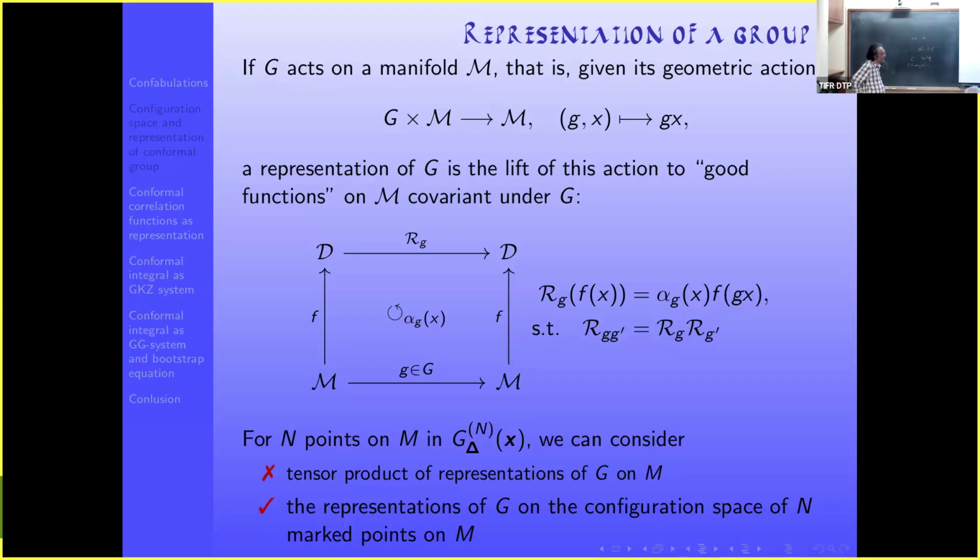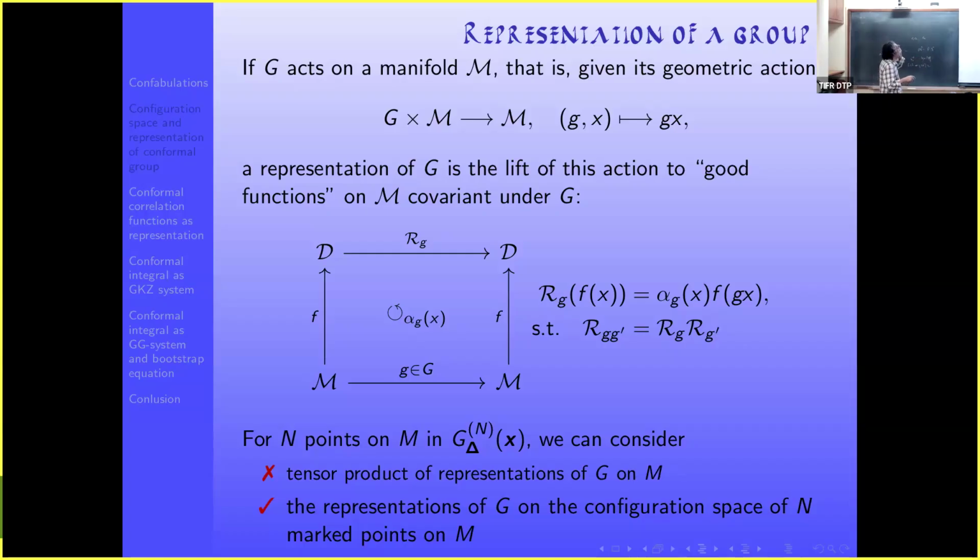Is that right? I mean, that's the lift, right? That is the lift, yes, you can say it in that fashion. And then you want functions valued in this map, which will transform nicely. Yes, this good has to be defined. That's what good is to be defined as, a representation. Yeah, so the standard thing.